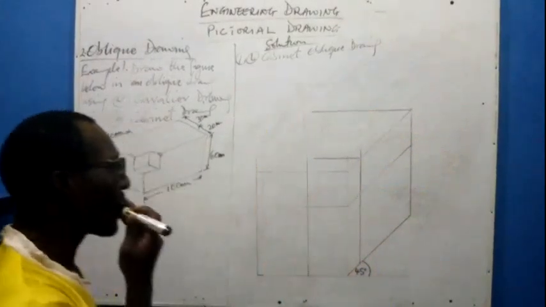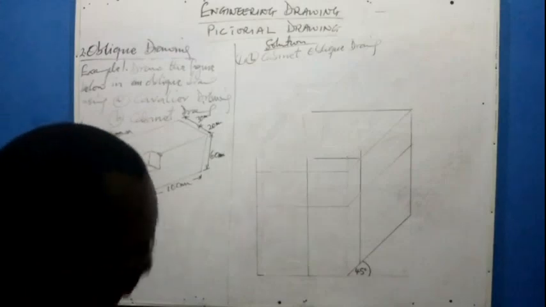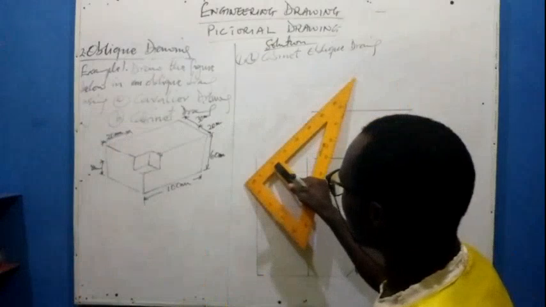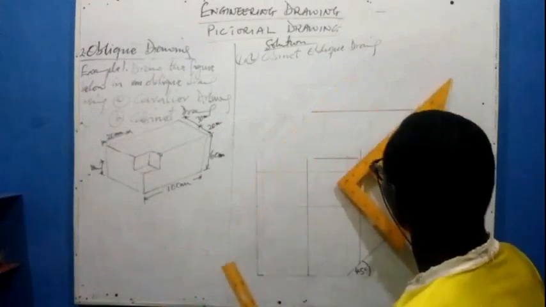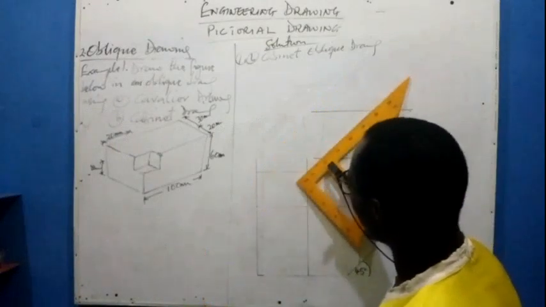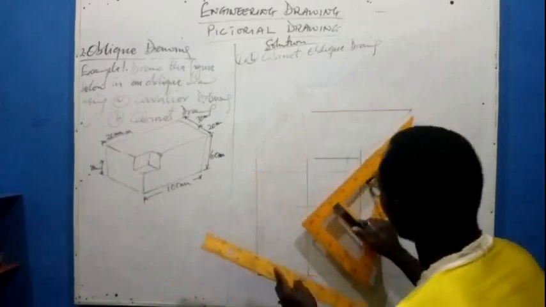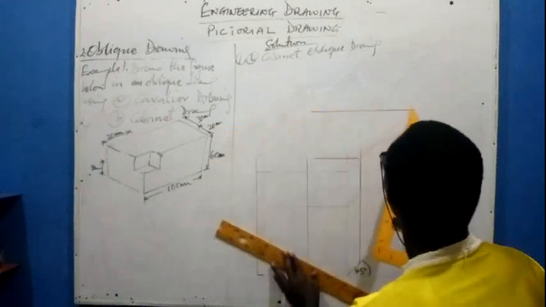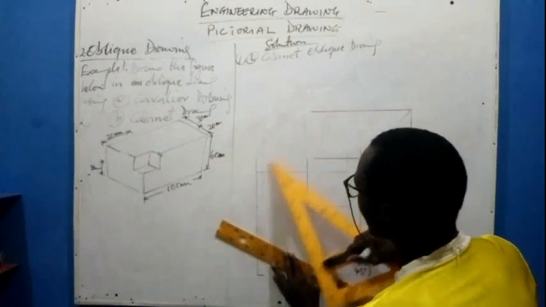Then I can bring this side here to produce this side. Put this one here to produce this side. Now place my set square, or I can choose to measure my 20, 30, then join them.